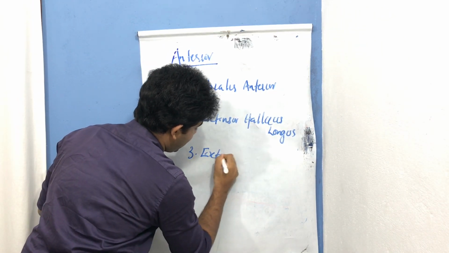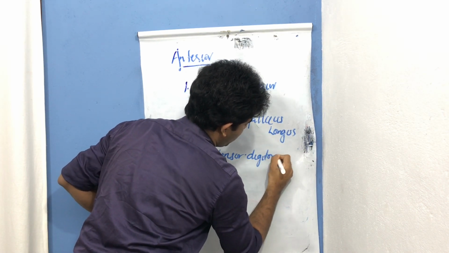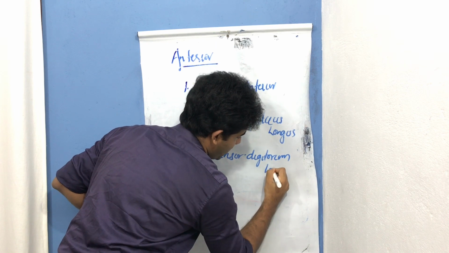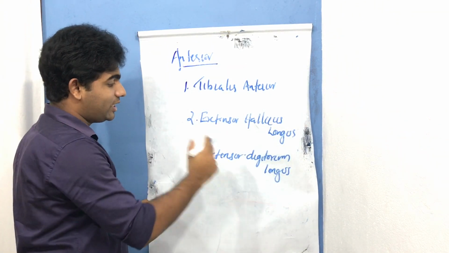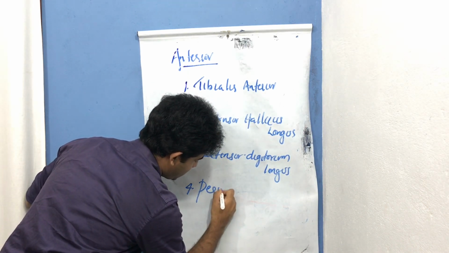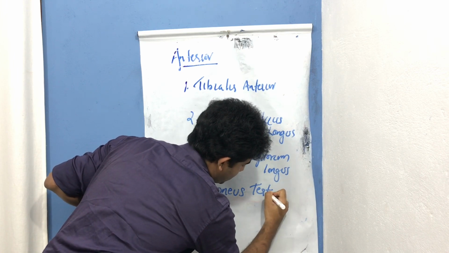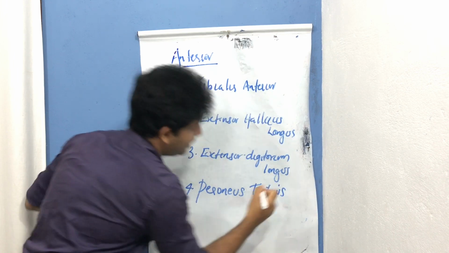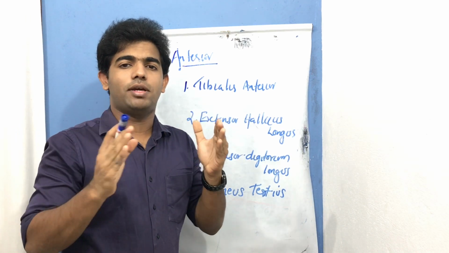Then extensor digitorum longus. Digitorum refers to the other toes, the second, third, fourth and fifth toes. And the last muscle is Peroneus tertius. So these are the four important muscles in the anterior compartment of the leg.